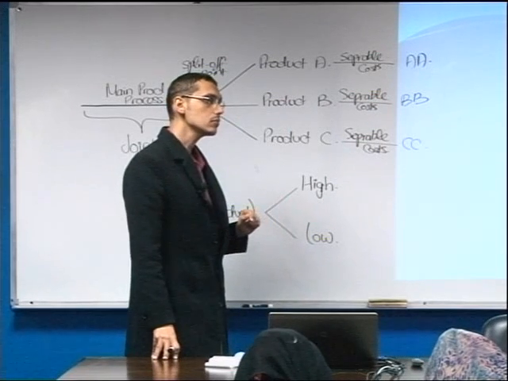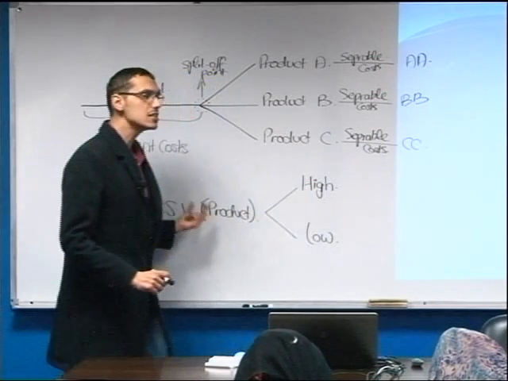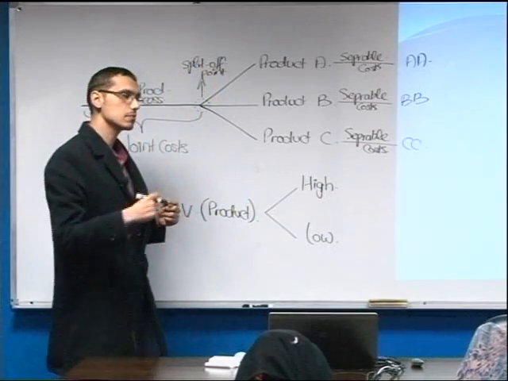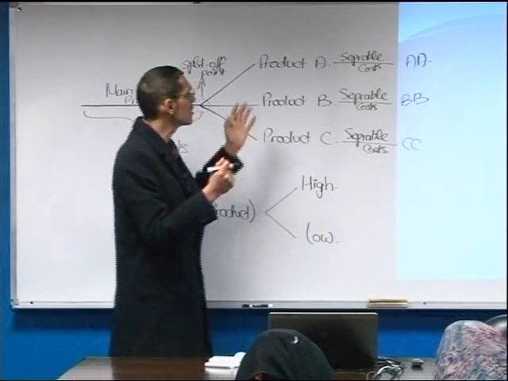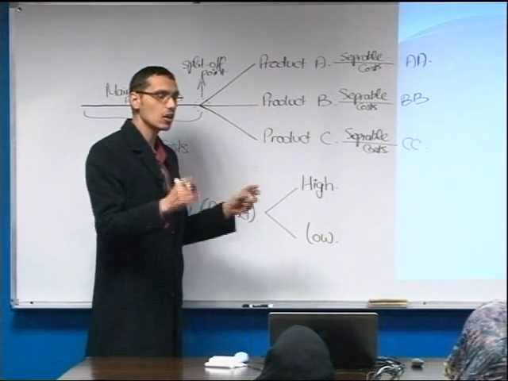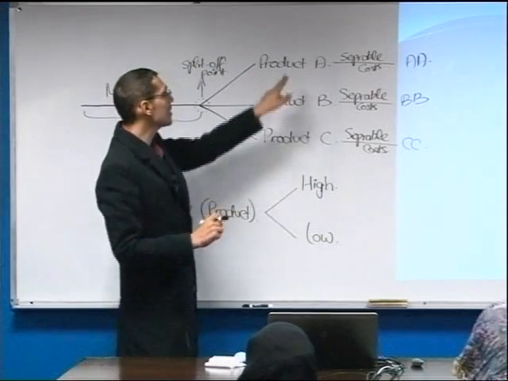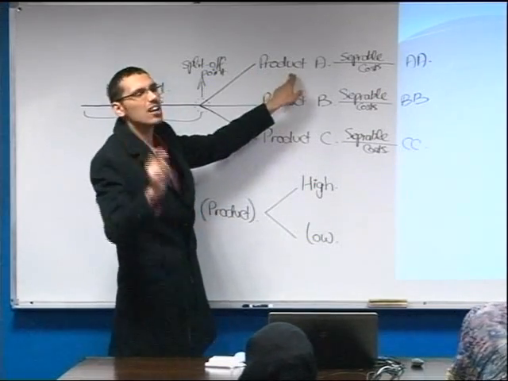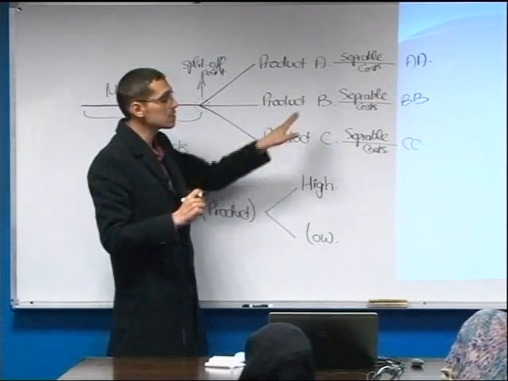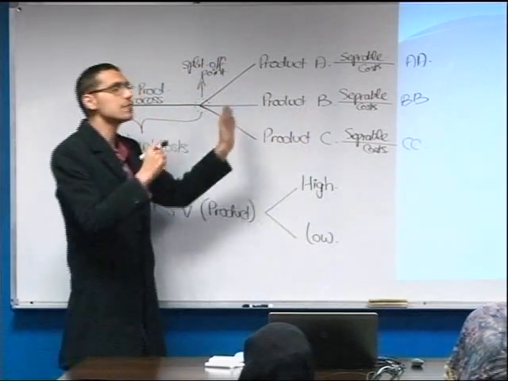Now, high positive sales value could be only one product, which means, for instance, let us take our example of product A, product B, product C. And according to the policy of the organization, they designated that product A is the only high positive sales value product, while product B and product C are low positive sales value.